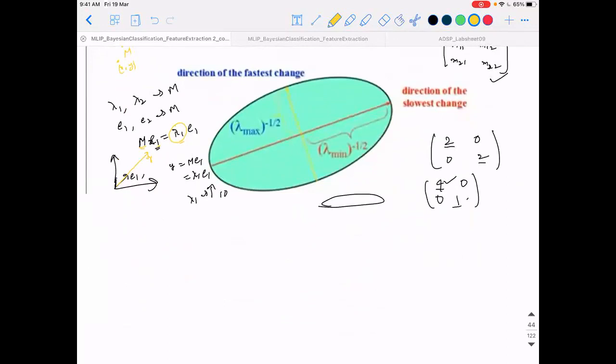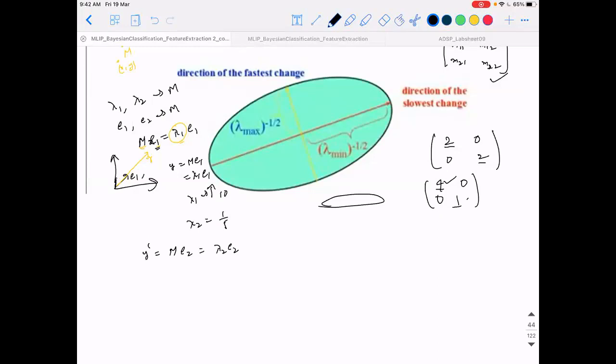Yeah, does somebody have a question? So what I'm trying to say here is lambda 1 equals 10. Similarly, assume that I bring in lambda 2, which is probably 1 by 5. So what does this mean? If I apply the operation m on E2, I get lambda 2 E2. Consider this as y dash.